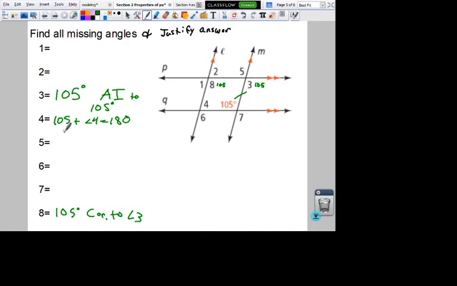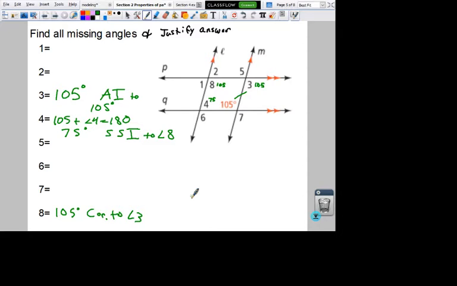So angle 4 is 75 degrees because it is same side interior to angle 8. I tried to give you as much space as I could, but it's hard to do. So 75 degrees because they are same side interior to angle 8.